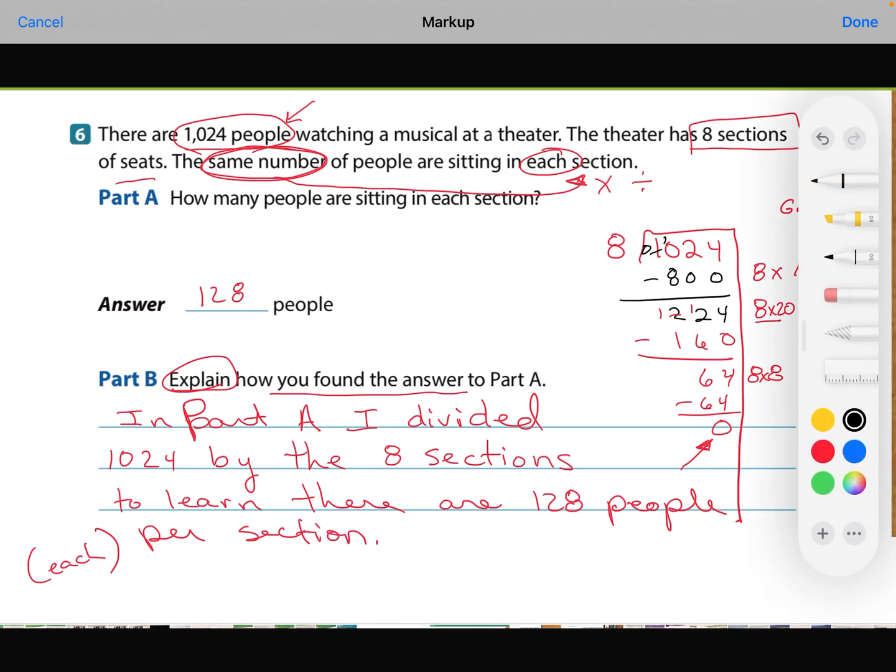I have a capital. I've restated the question, and I've put in my solution.